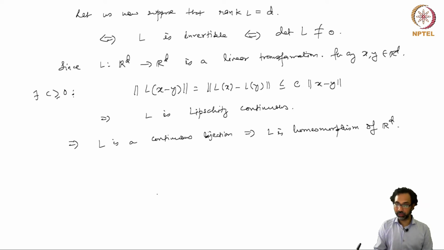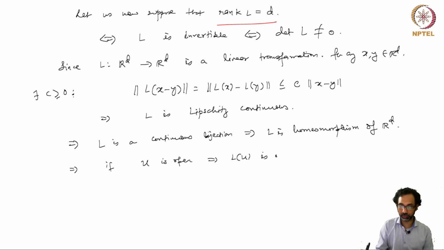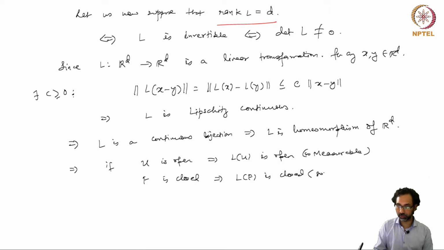So now, when the rank of L is d, if U is open, this implies that LU is open, and so measurable in particular. And if F is closed, this implies that LF is closed, and so measurable.